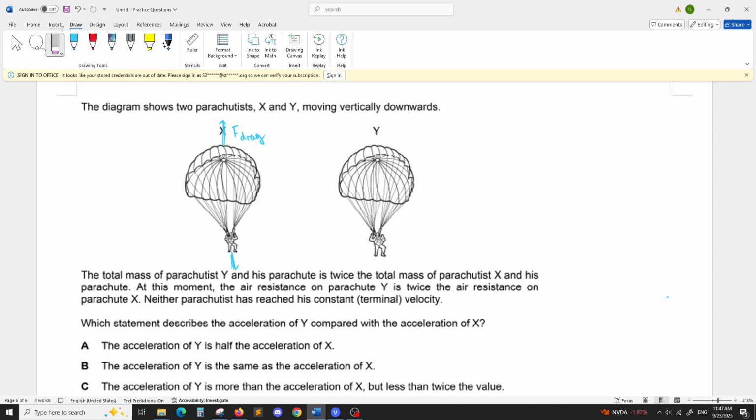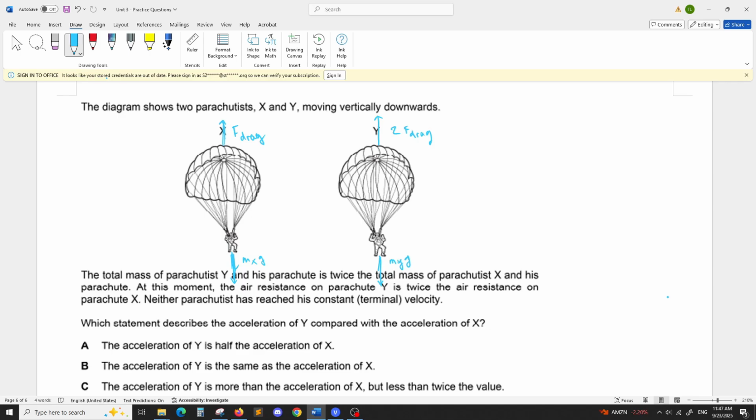For clarity, we can call this mxg, because the mass of the parachutist is mx times gravity. And then we have parachutist Y, which is myg, and up here is 2 F drag, because the statement says that the air resistance on Y is twice the air resistance on X.